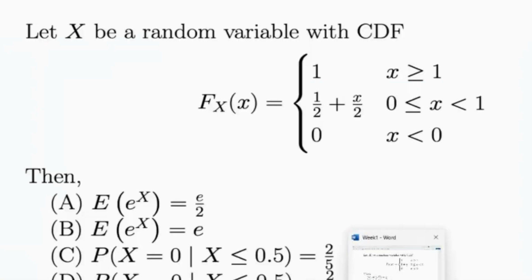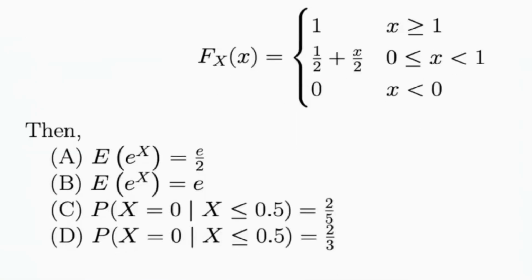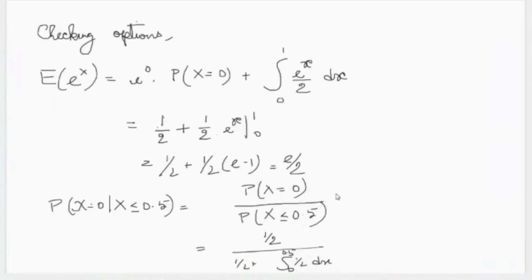Now we have to check four options, which basically ask us about the expectation of e to the power x and probability x equal to 0 given x less than equal to 0.5. So expectation e to the power x is e to the power 0 into probability x equal to 0, since there's a positive probability there, plus integrating from 0 to 1 e to the power x by 2 dx, since it is continuous in this range.